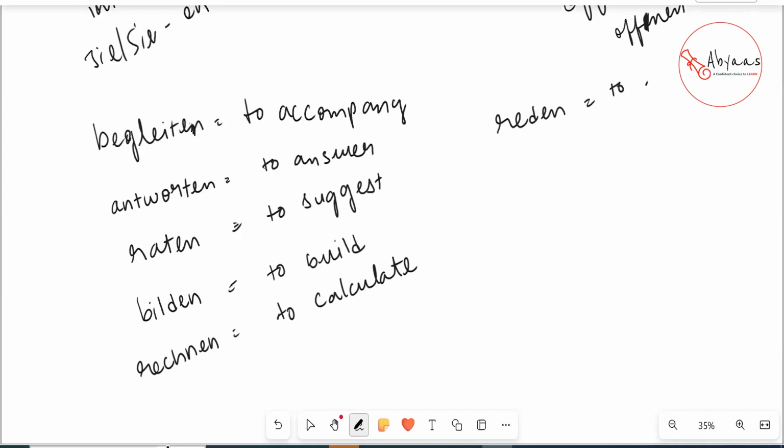Reden is to talk. Warten, it's stated. Reden is to talk. The n is not following a vowel, it follows a consonant sound, right? We are separating, but it is ending with d. Okay, root verb. Warten, to wait.